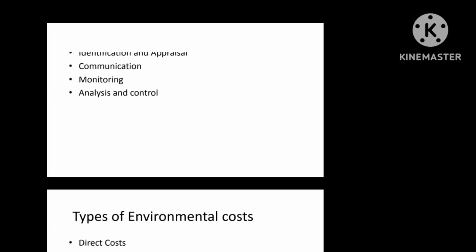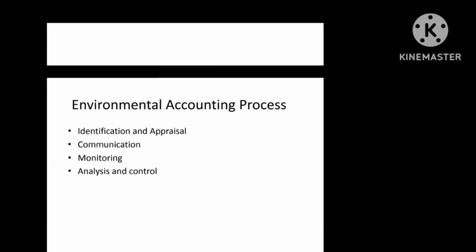Environmental accounting process. Everything in accounting has a certain process that is to be followed by each and every individual. Here it's identification and appraisal. You need to identify the environmental concern and then do its appraisal. Next is communication.